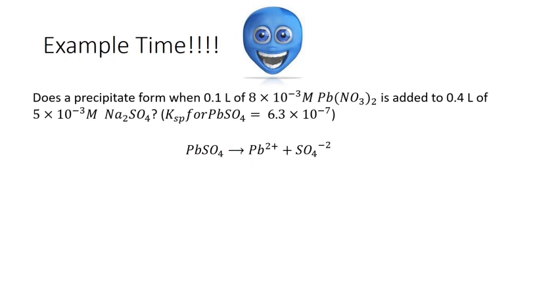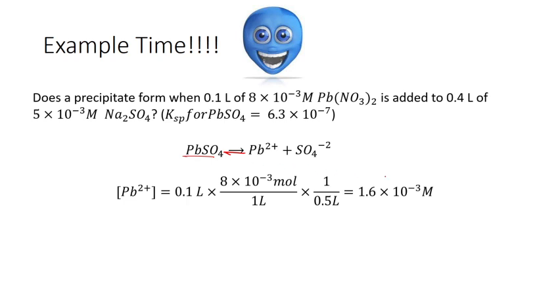I should have put an equilibrium arrow in here, so let me fix that. There you go. So we're forming lead ions and sulfate ions, and this is our ionic substance. And so basically, we are going to figure out the concentration of each of these substances in our final solution to see if something is going to precipitate. So first, we're going to look at lead.